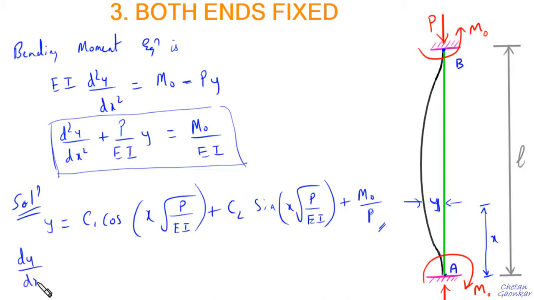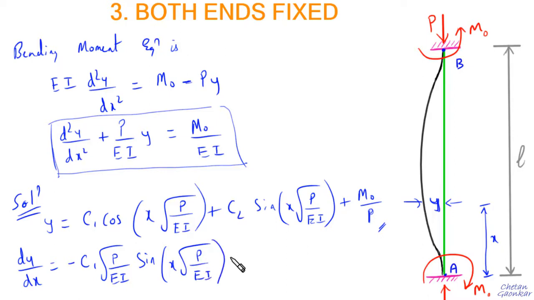If I differentiate this solution once with respect to x, I will get minus c1, times root of P divided by EI, cos becomes sine, times x root of P by EI, plus c2, and again root of P by EI, the sine will become cos, multiplied by x root of P divided by EI.